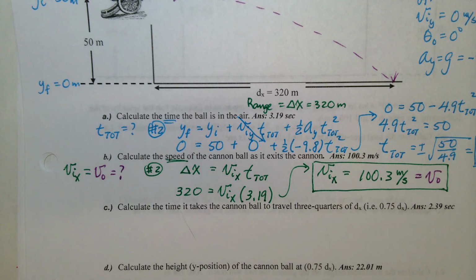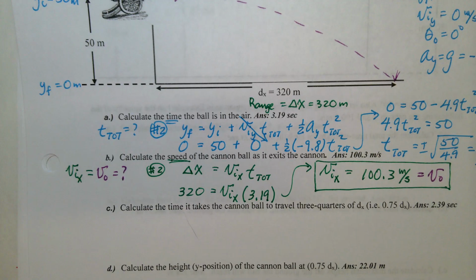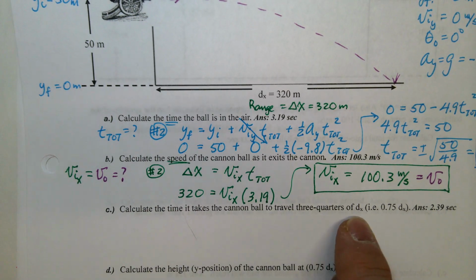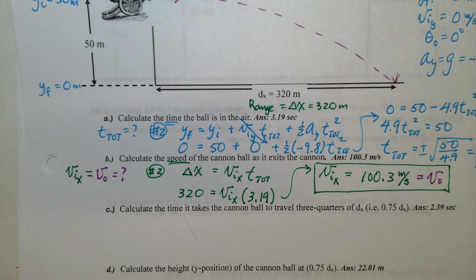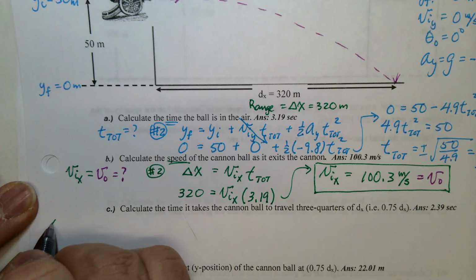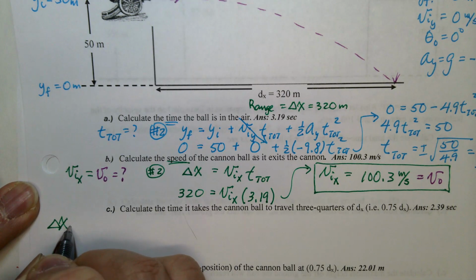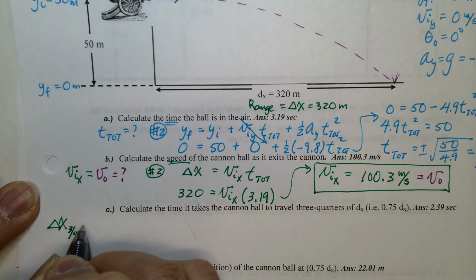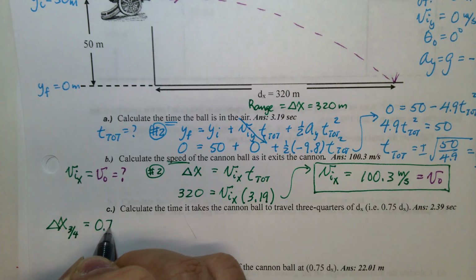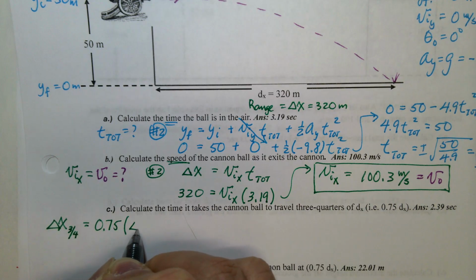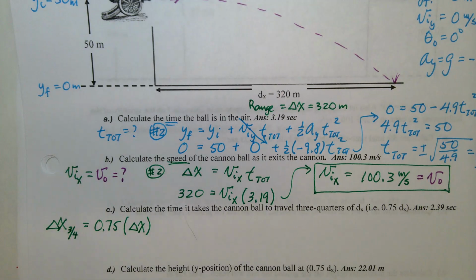Alright, now it says, calculate the time it takes the cannonball to travel 3/4 of your delta x. So your new delta x at 3/4 of delta x is equal to simply 0.75 times delta x, your range, right?